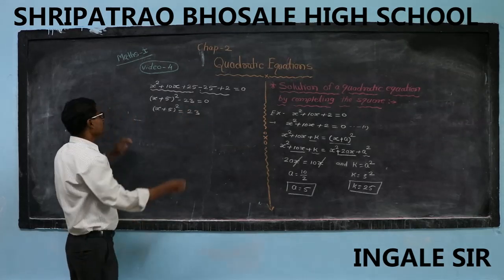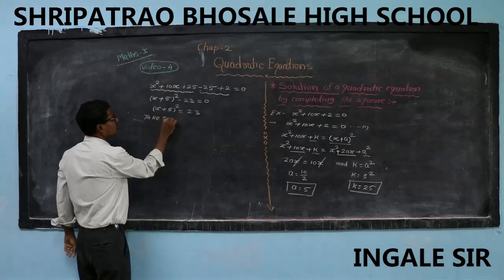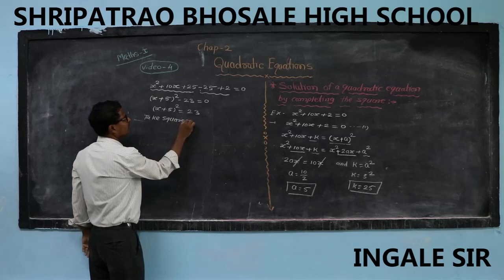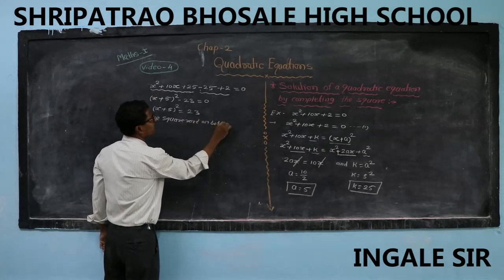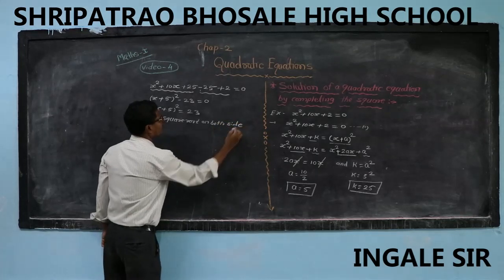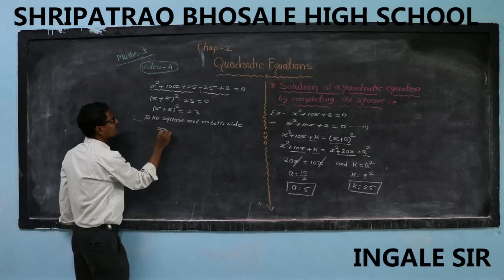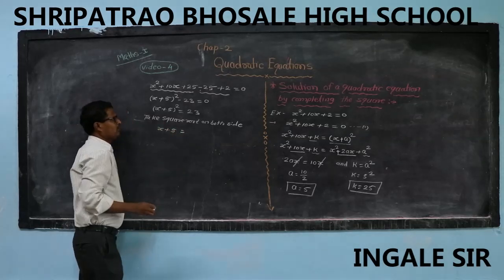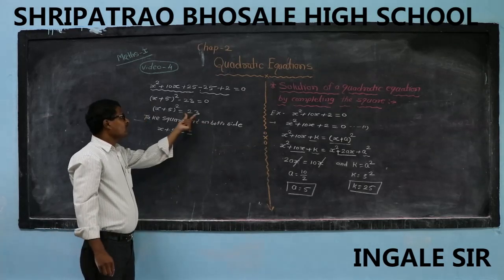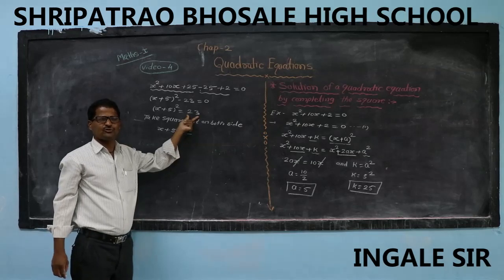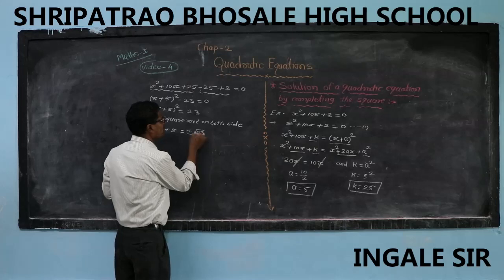Now we have to take the square root on both sides. Taking the square root of (x + 5)² gives x + 5. Taking the square root, we have to take the plus or minus sign. 23 is not a perfect square, so we keep the square root of 23.